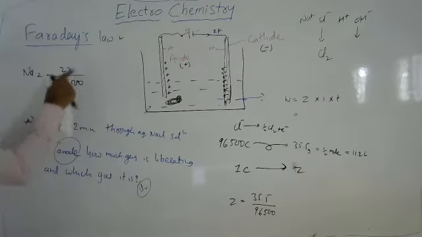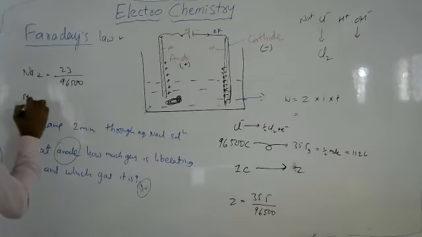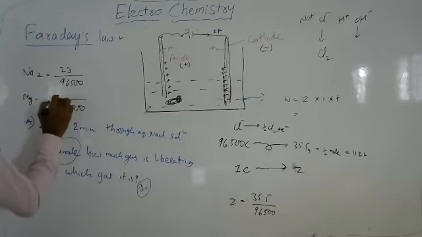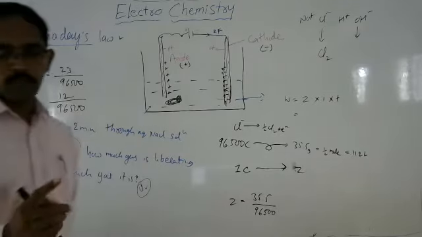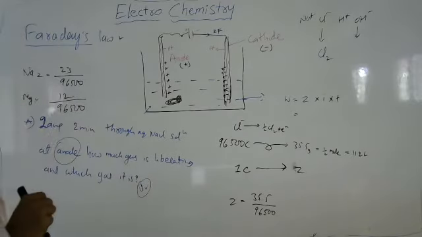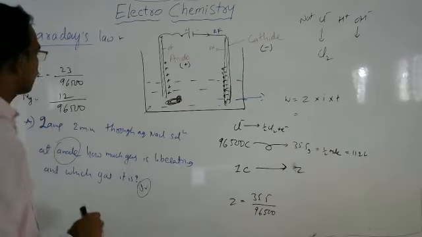For 1 coulomb, how much? Like this, suppose magnesium is there. For magnesium, with 96,500 coulombs it will deposit only 12 grams, because each magnesium requires 2 electrons. We will discuss this in the next one; the second law will tell that.